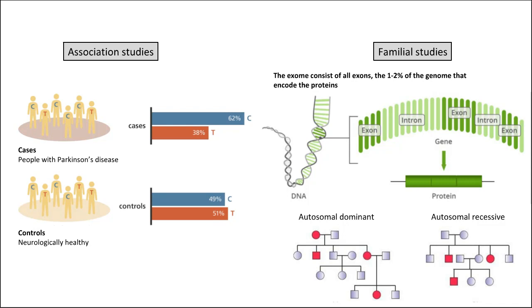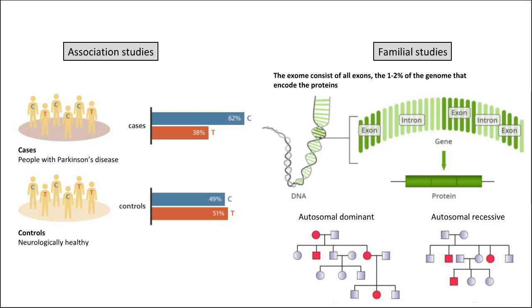It's important to keep in mind that association is not causation, but what it does say is that this variant is more prevalent in this group of people that has a certain disease, in this case Parkinson's disease, compared to controls. I'm going to go back to this a little bit later on.